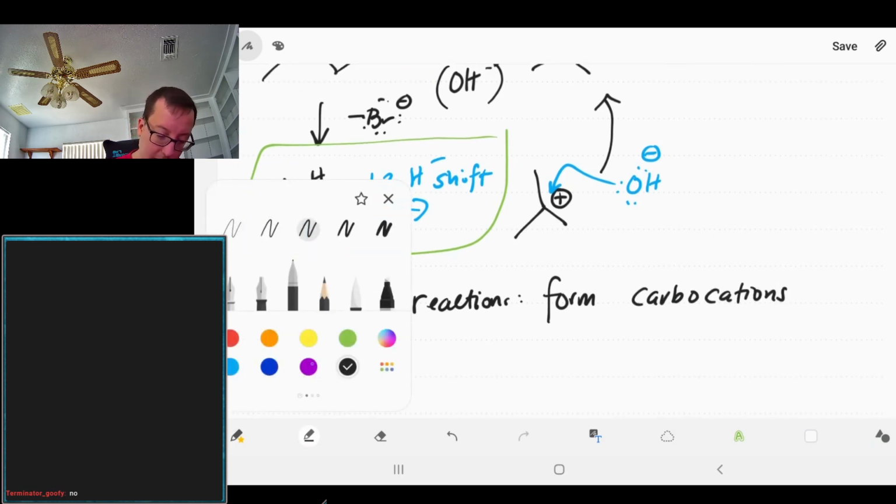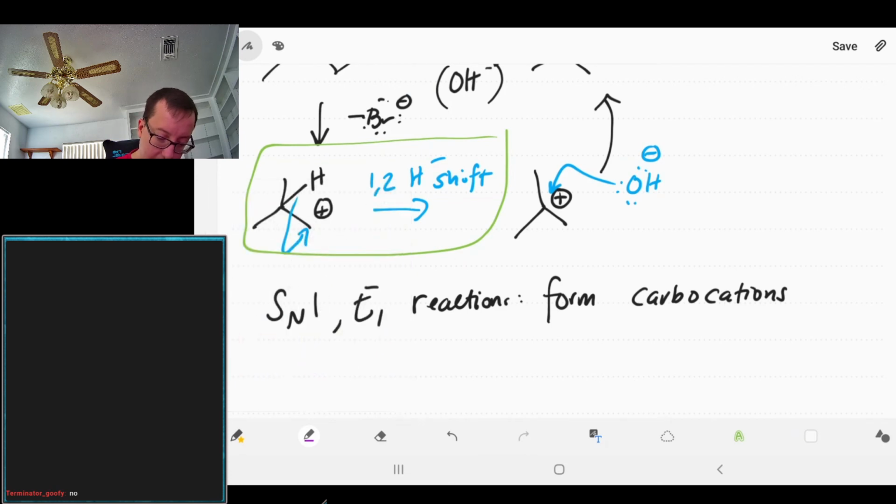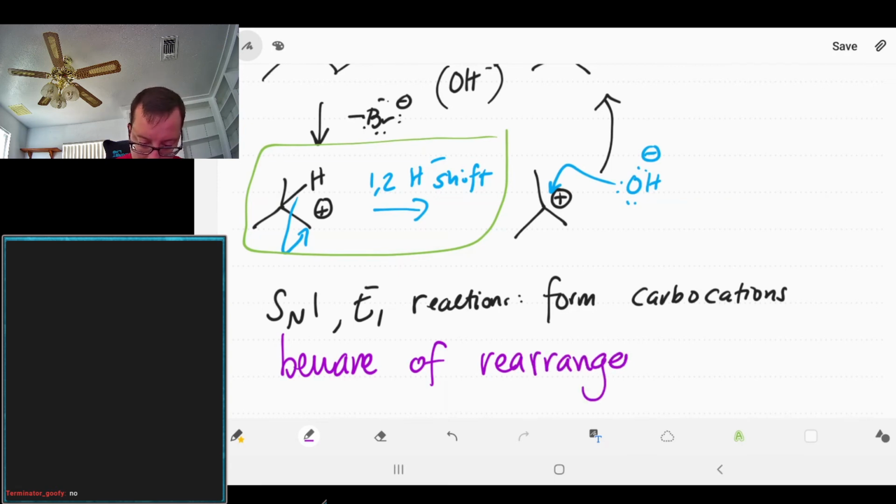And so we must always be aware that rearrangements are likely to happen. If we can get our carbocation to a better place, it will do that. If there is an adjacent spot for it to be able to go and grab a proton, grab a methyl group, whatever needs to be done, it will do it.